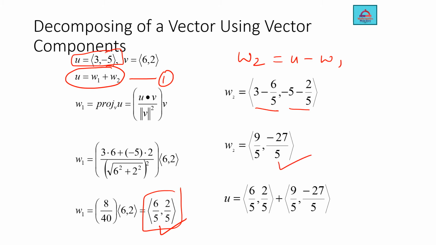This is what you get, and therefore you have decomposed u as the sum of two vectors w1 and w2, where w1 is the projection of the vector u onto v and w2 is orthogonal to w1. That completes the question.